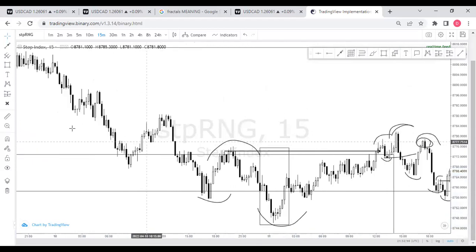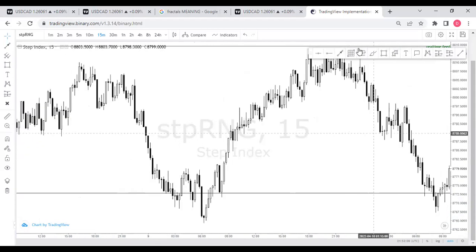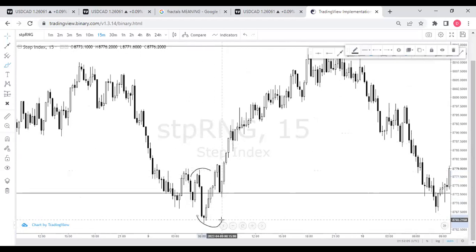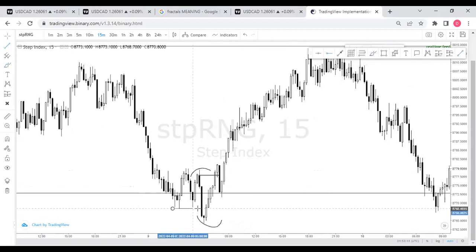Now, let me even show us this again. It's clear here. Lower high, lower low, breakout structure, right? This last down candle. Look at it here. And liquidity sweep. Right? Institutional candle or mitigation candle, whichever it is you want to call it.